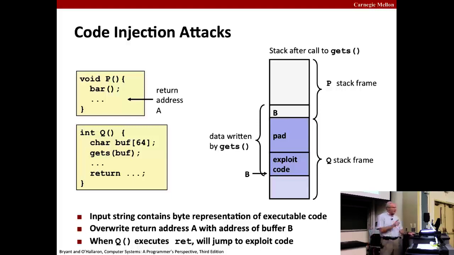But that's actually one of the easier parts, because you have to know the binary code to be able to do this or be able to guess. For example, in that previous one, I could tell that it was allocating 24 bytes for that buffer. And so if I just made sure that the length of my exploit code plus the padding is 24 bytes, then right after that comes the return address. So that's actually pretty easy to do.